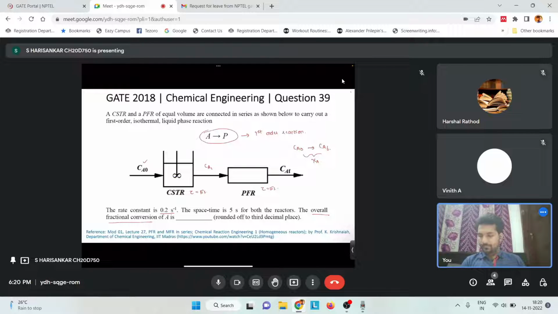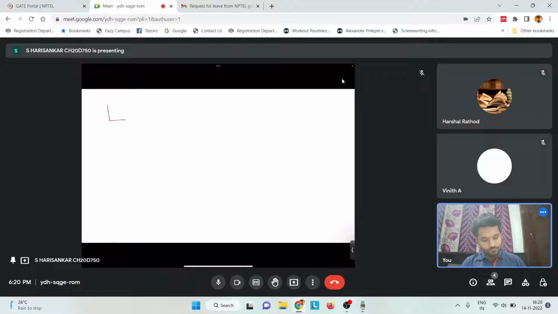So let us first take the CSTR system. So we have a CSTR, and Ca0 is the initial concentration, tau is 5 seconds, and we said that Ca1 be the outlet concentration.